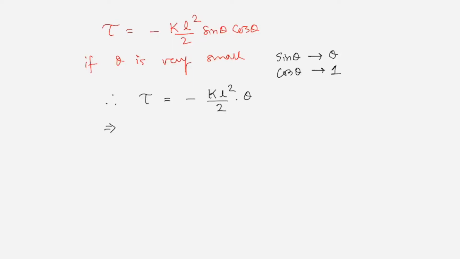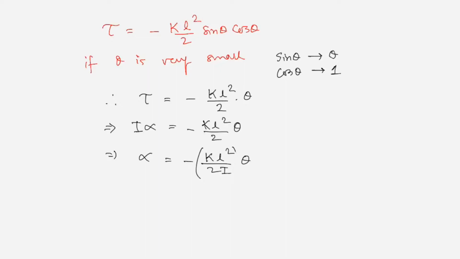Now tau is I into alpha. We all know torque equals I alpha, where I is moment of inertia, alpha is angular acceleration. So alpha equals minus k L square by 2I into theta.